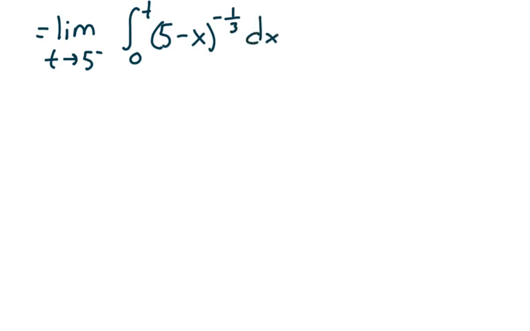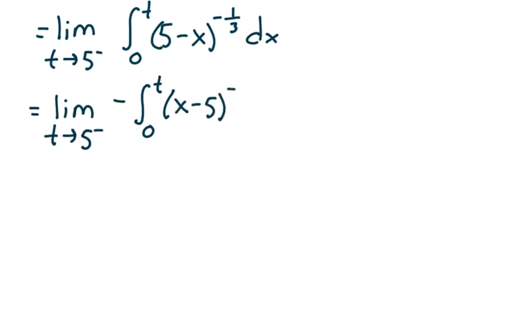So I'm going to recommend pulling out a negative. So I claim I could write this. I'm going to take negative the integral from 0 to t of x minus 5 to the negative a third dx. And so this is the limit as t goes to 5 from the left of negative.